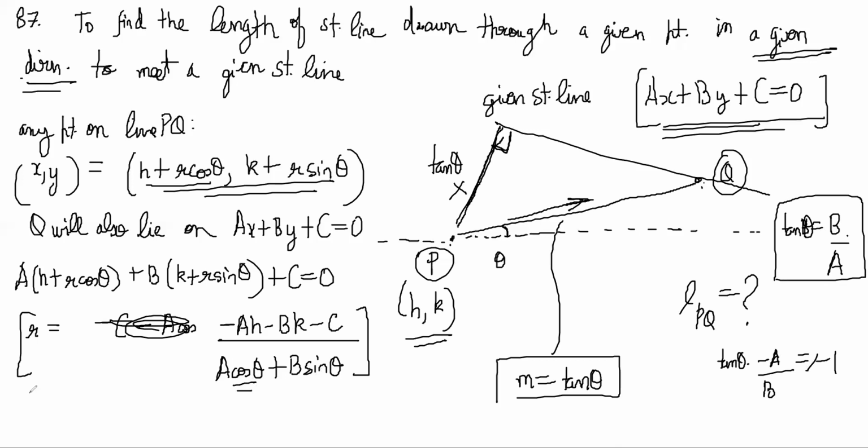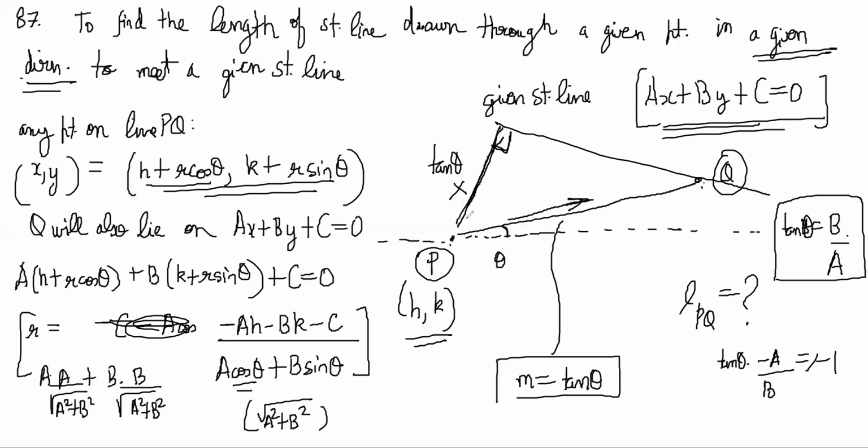So this becomes cos theta is a by root a square plus b square, and b sin theta becomes b by root a square plus b square. So see what happens on the denominator: a square plus b square by root a square plus b square. So the denominator becomes root a square plus b square, and on top is minus ah minus bk minus c.